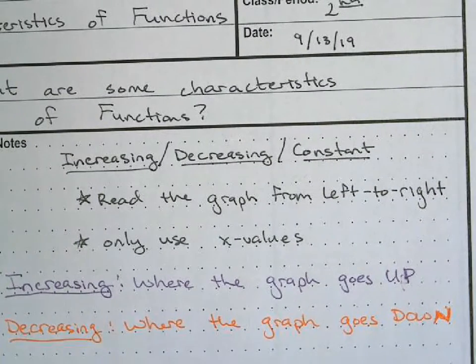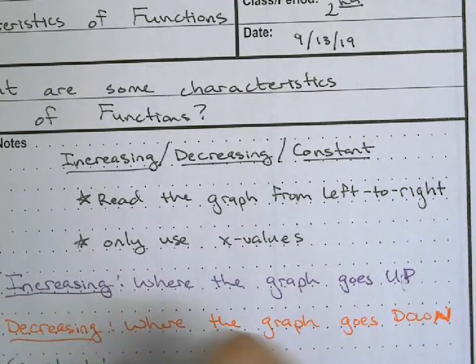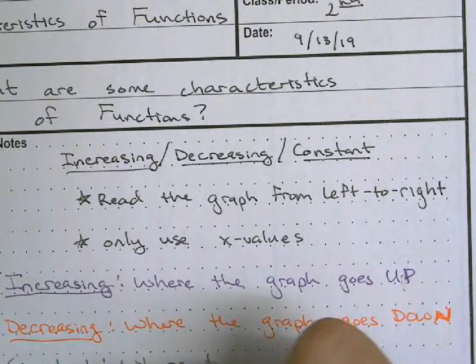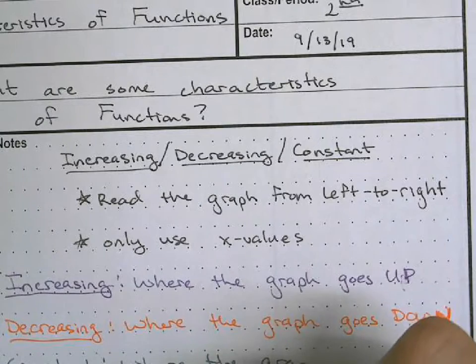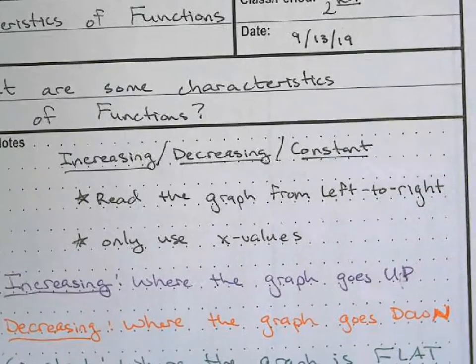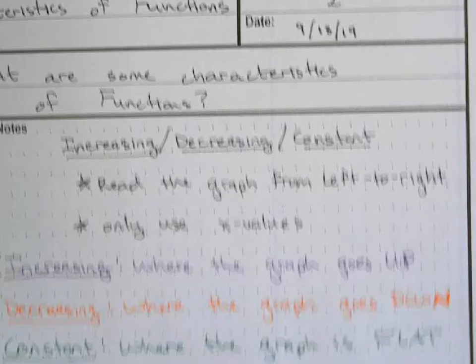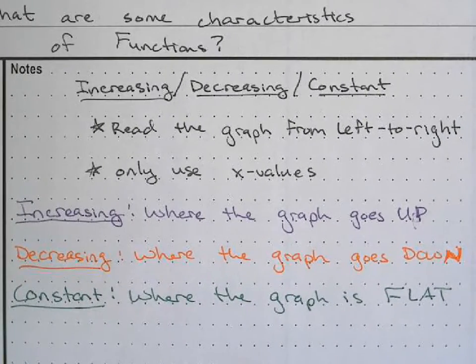And constant is where the graph is flat. So increasing is where the graph goes up, decreasing is where the graph goes down, and constant is where the graph is flat.